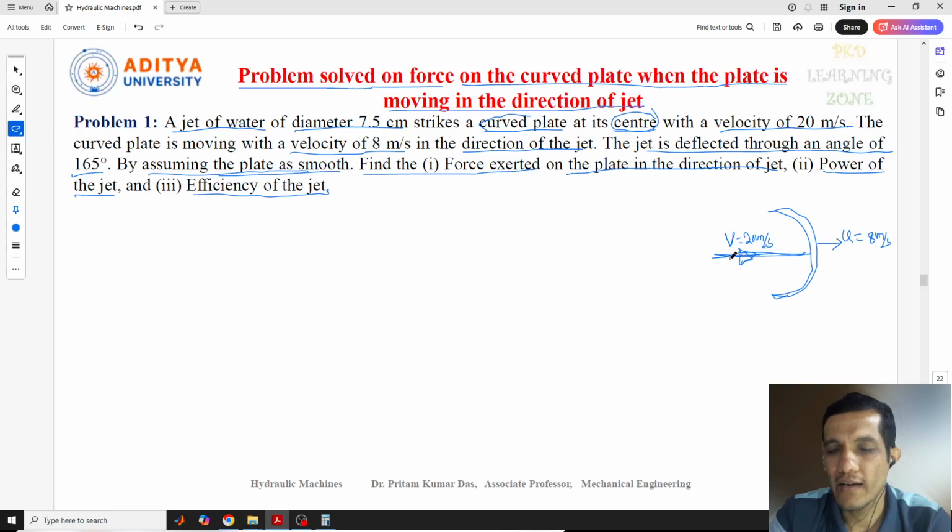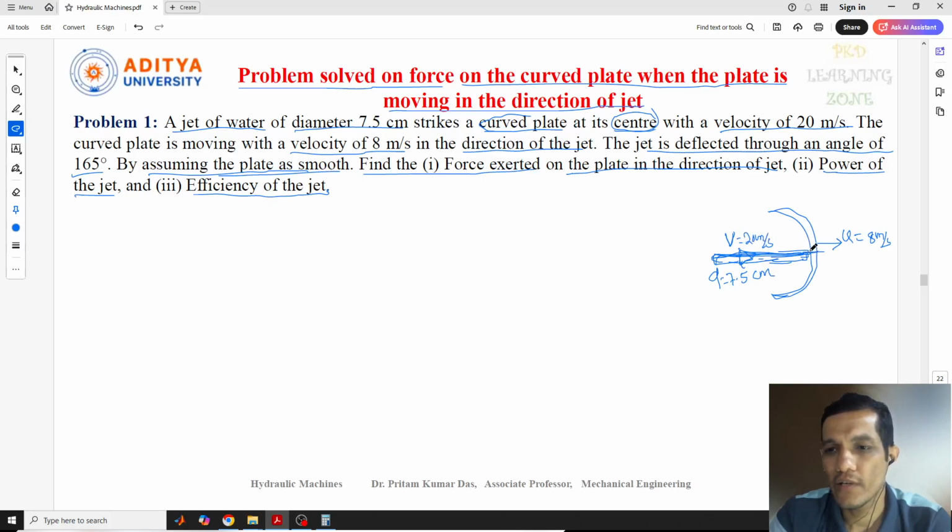The jet moves circularly, with a diameter of 7.5 centimeter, and the jet is deflected through an angle of 165 degree.